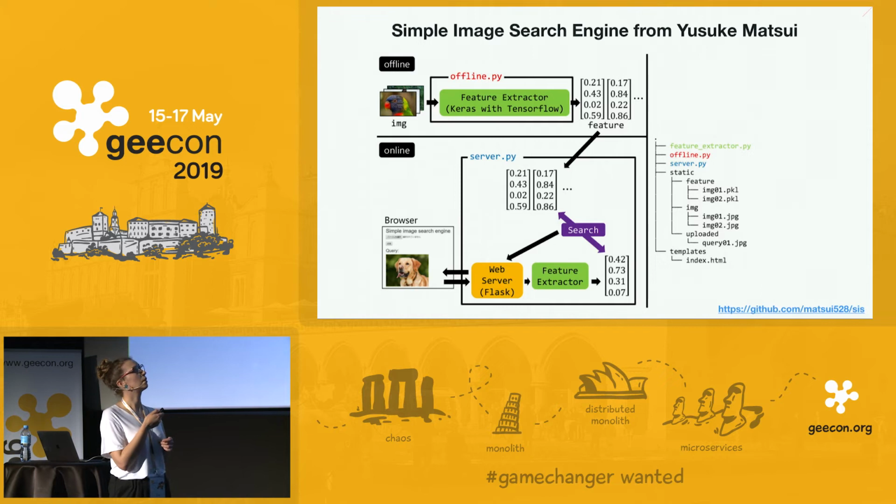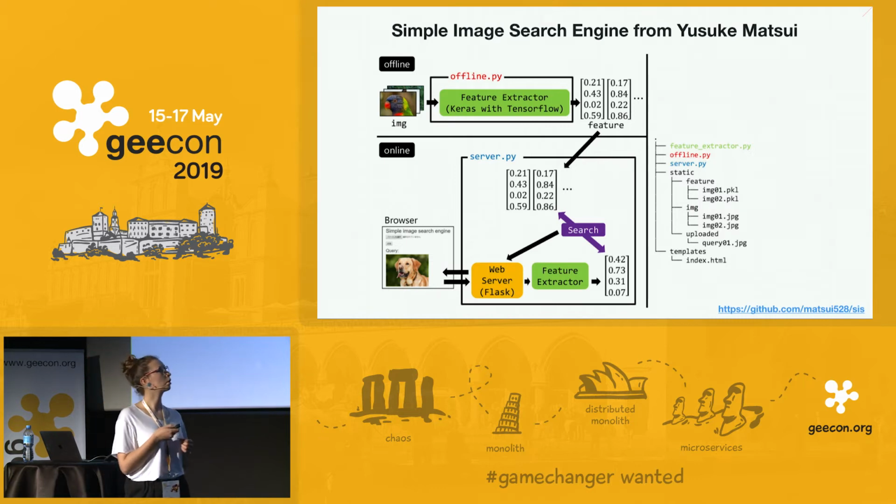He saves all the features in this folder. PKL is a Python representation for the vector. The images are stored here, of course, in the image folder. And then when everything is trained, you start the server and you upload your image, which is translated to a vector as well.